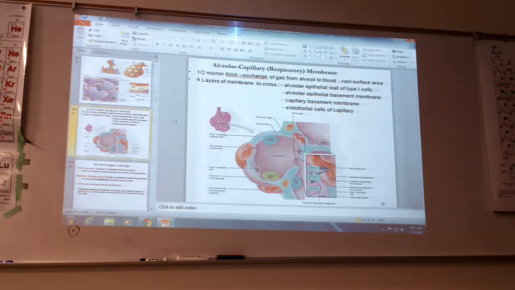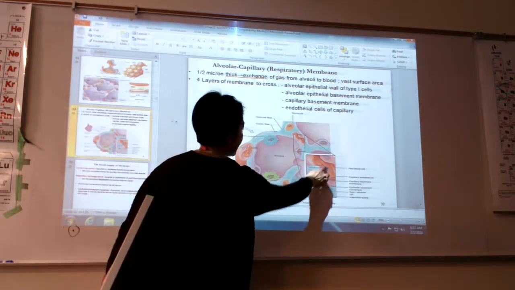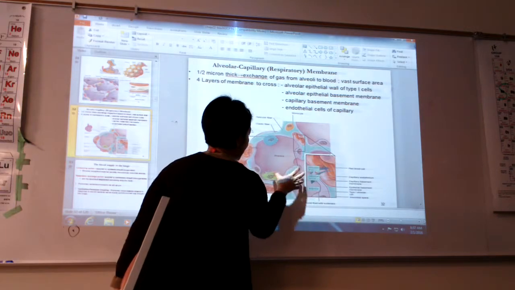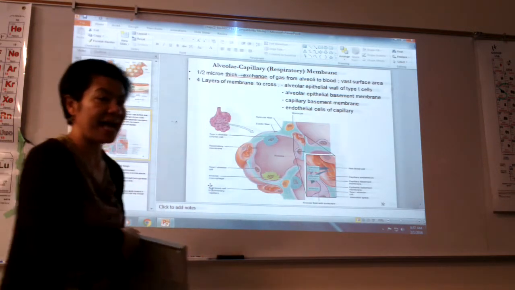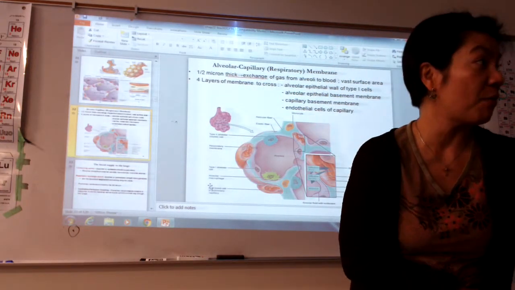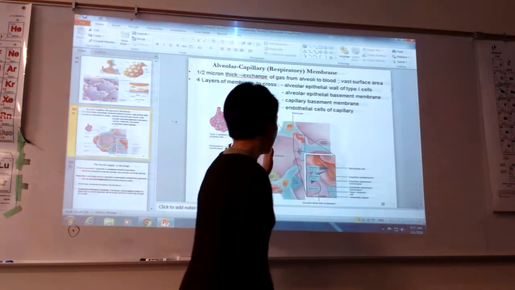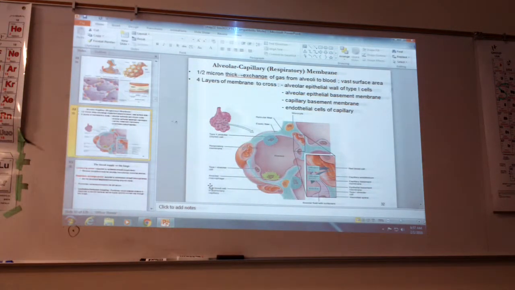No. Isn't it simple squamous epithelium also? So the capillary and the alveolus are both simple squamous epithelium, flat, very easy for the gases to move from one area to the next. Okay?